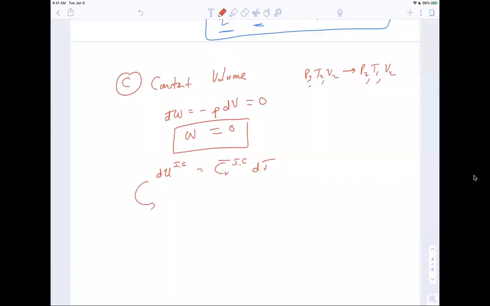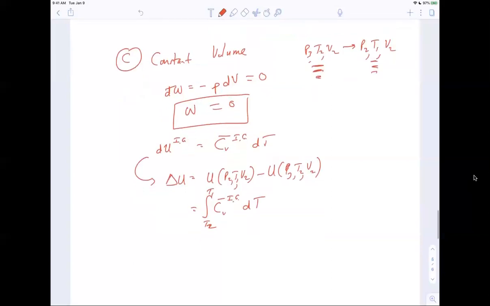So integrating, delta U, which is just U at P2 T1 V2 minus U at P3 T2 V2, is just the integral of CV ideal gas dT from T2 to T1. We're going from T2 to T1.